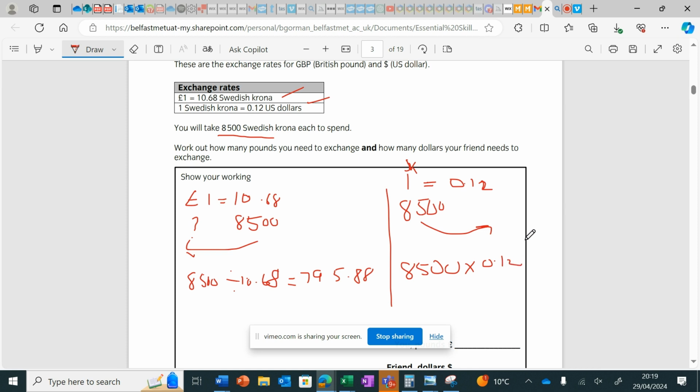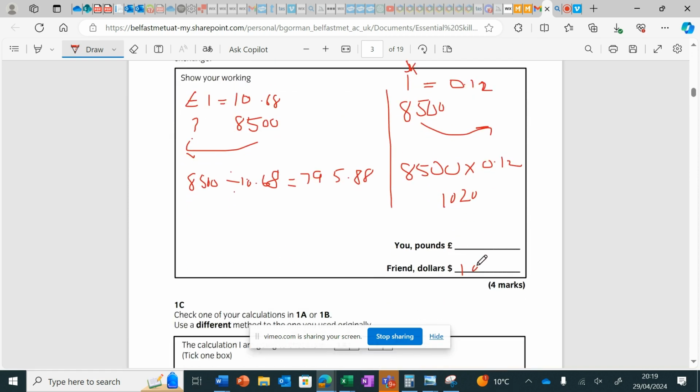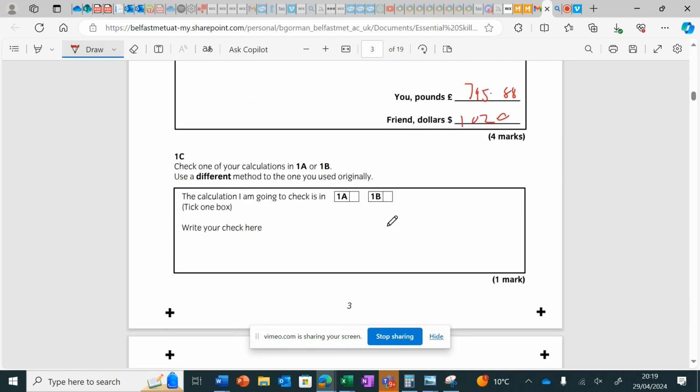So again, we get a calculator. 8,500 times 0.12 is 1,020. So dollars was 1,020. All the dollars there. And the pound was 795.88. So any sort of metric and currency conversion, such as money, etc., is always a popular question in the exam.